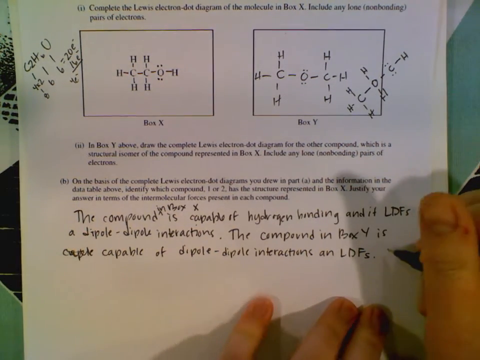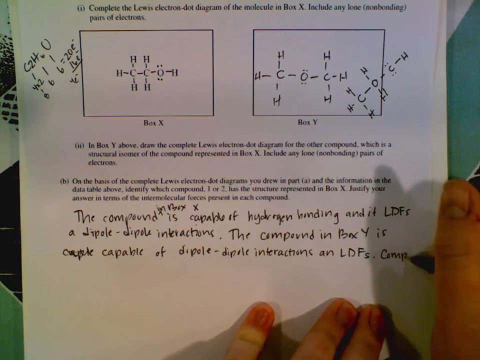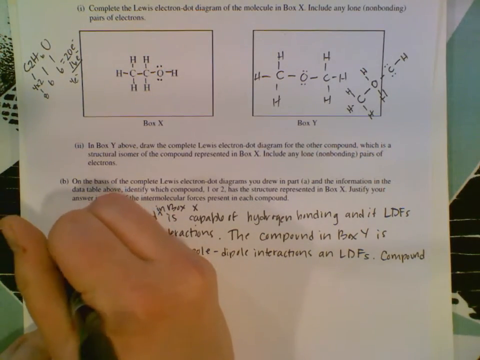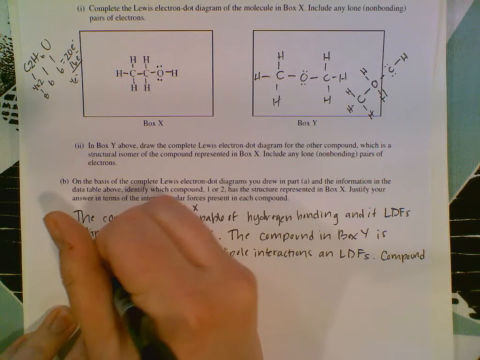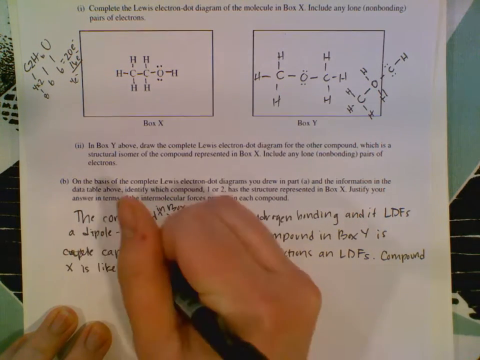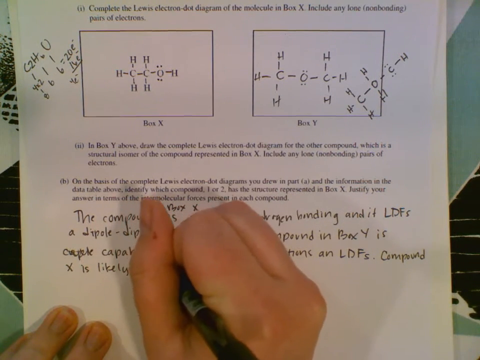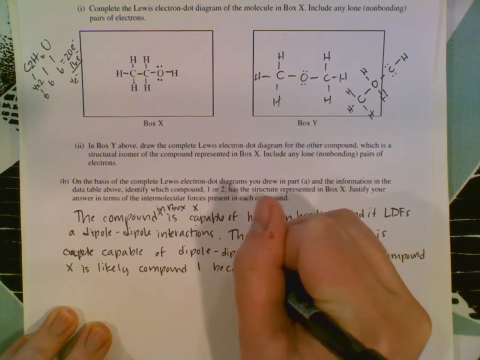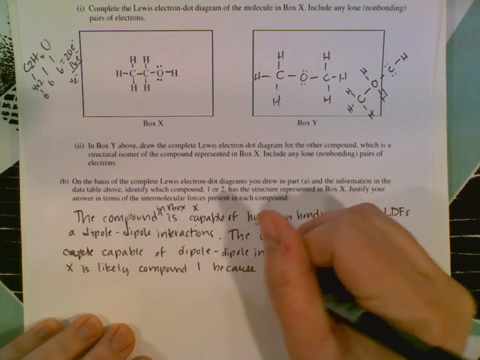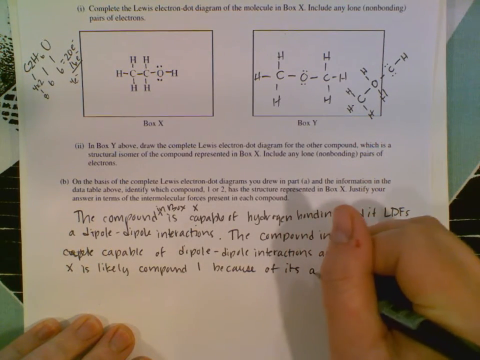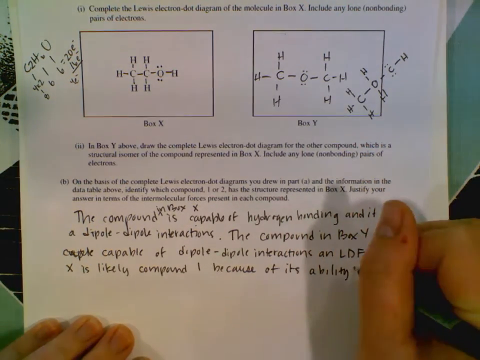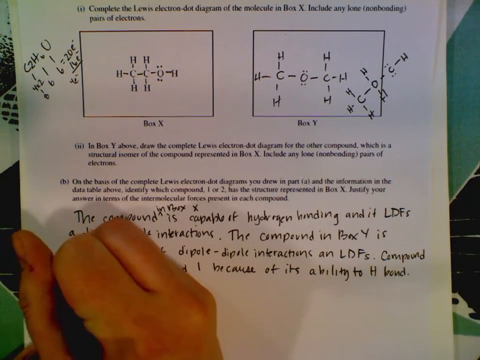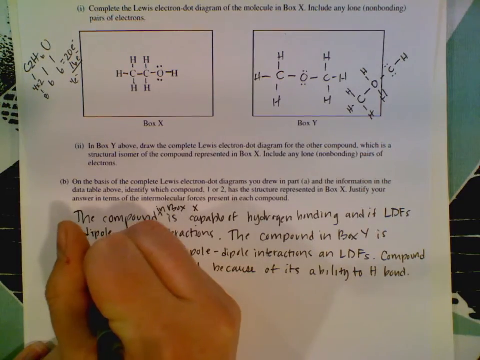So I'm going to say compound X is likely compound 1 because of its ability to hydrogen bond. And then I'll say something like hydrogen bonding is the strongest intermolecular force.